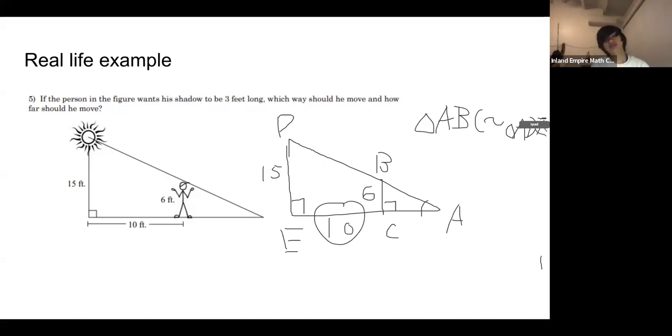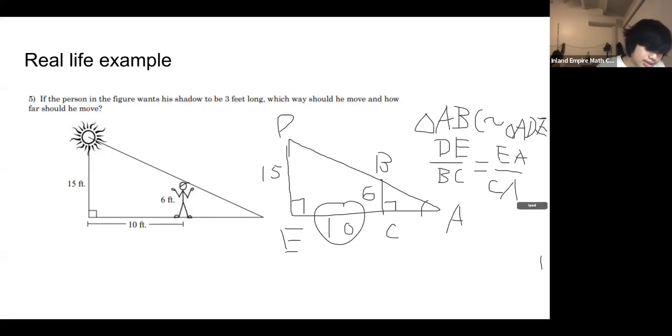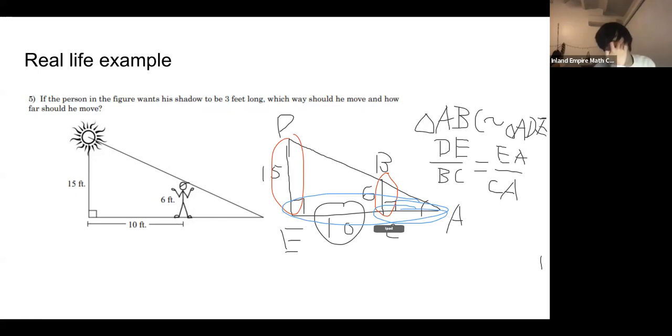So basically, since we have that, that means that DE over BC, which is just the side length ratios, will equal EA over CA, which is that smaller length inside.